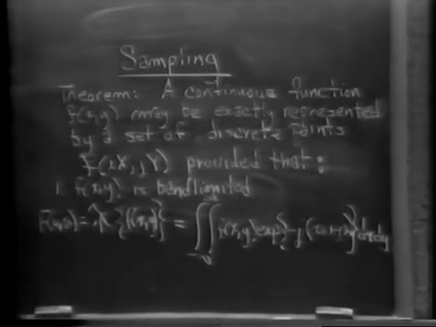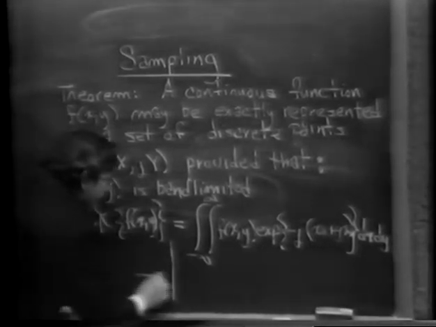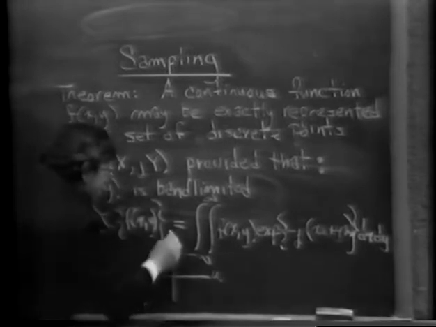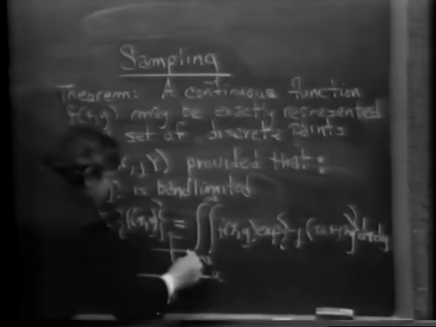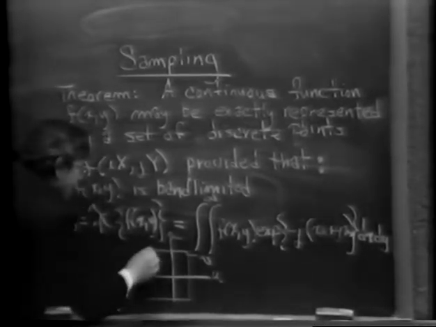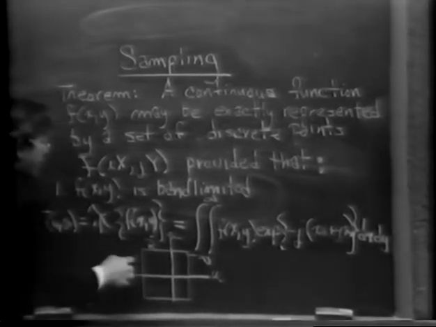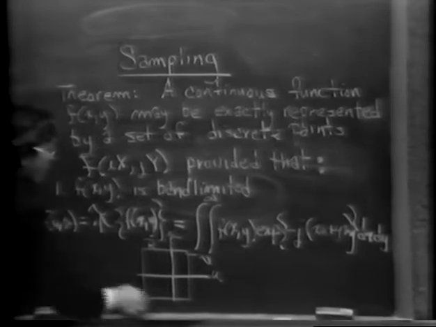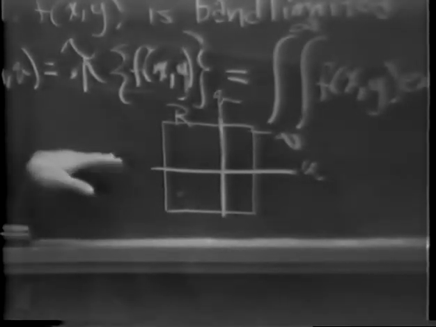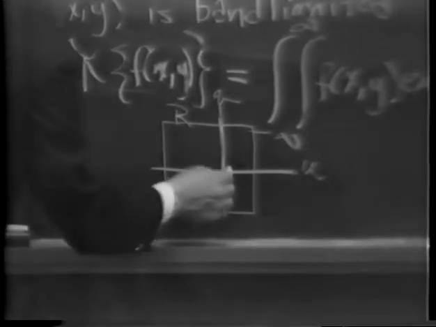So our band limited function, if we plotted it in the frequency space of u and v, we should be able to define some rectangle like this that I'll call R, such that F of uv is zero outside that particular rectangle. And it might have function values in here.